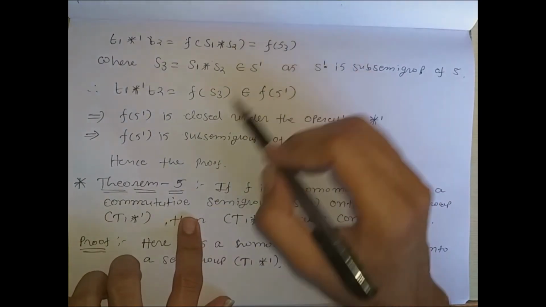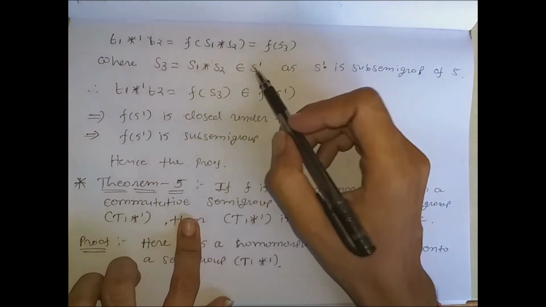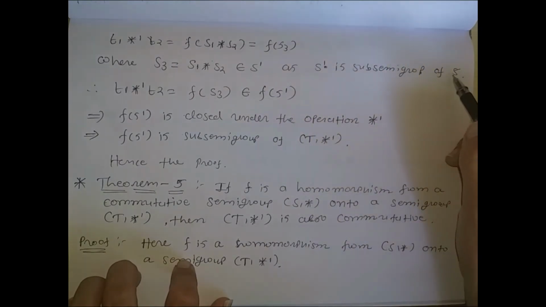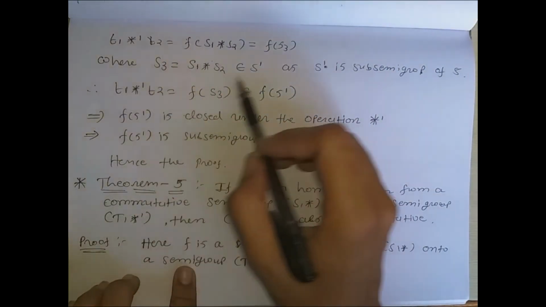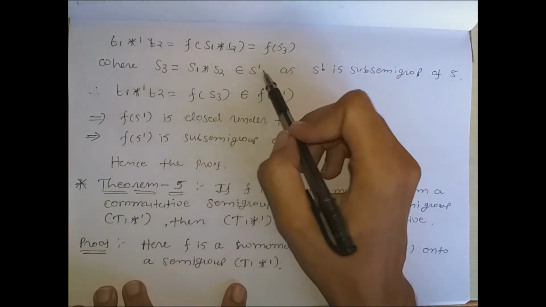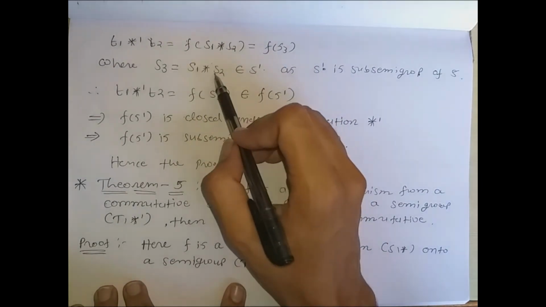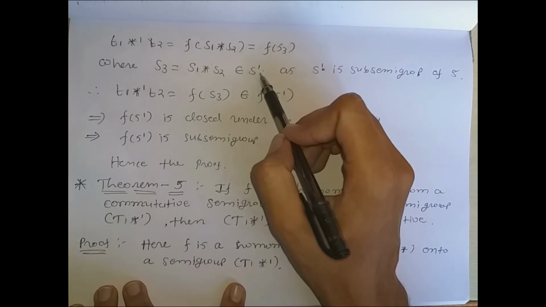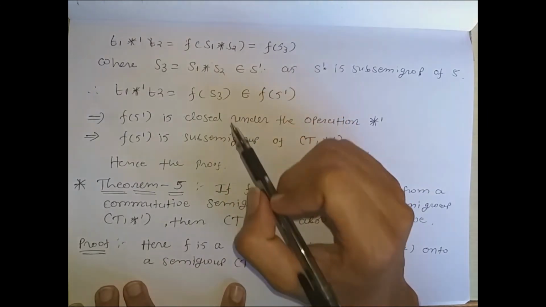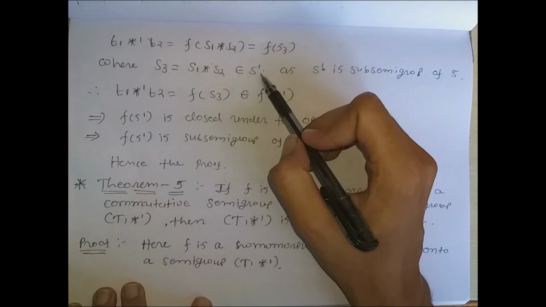This is equal to f of S3, where S3 is equal to S1 star S2 belonging to S dash, as S dash is a subsemigroup of S. Why is this possible? Because for these two elements S1 and S2, S1 star S2 also belongs to S dash, since S dash is a subsemigroup, so it is closed under the operation star. So S3 is also an element of S dash.